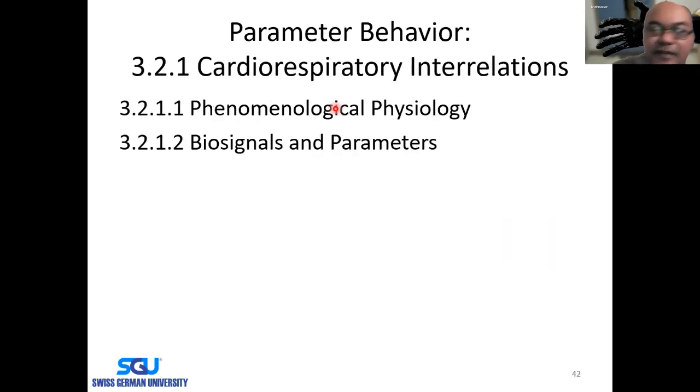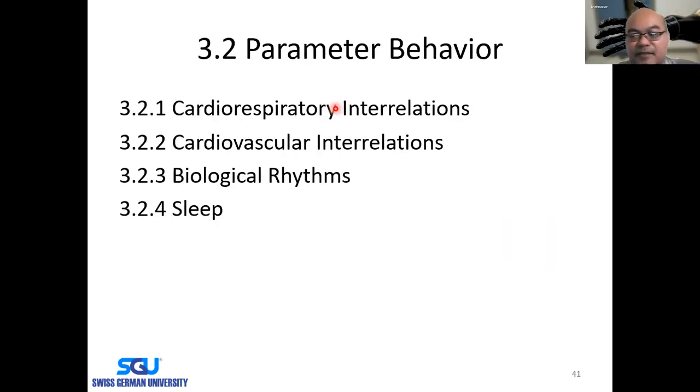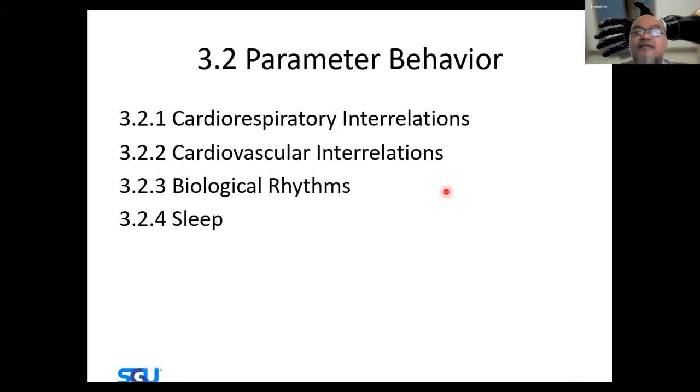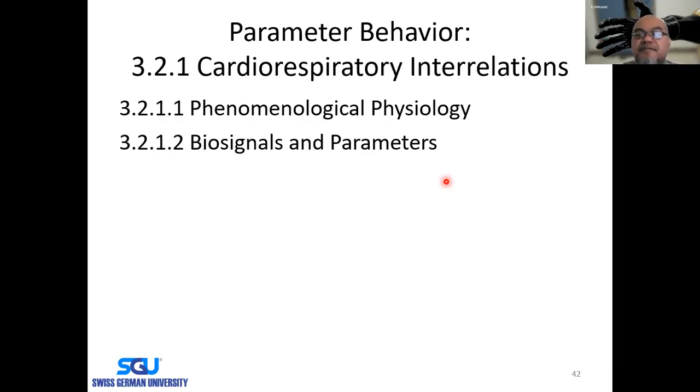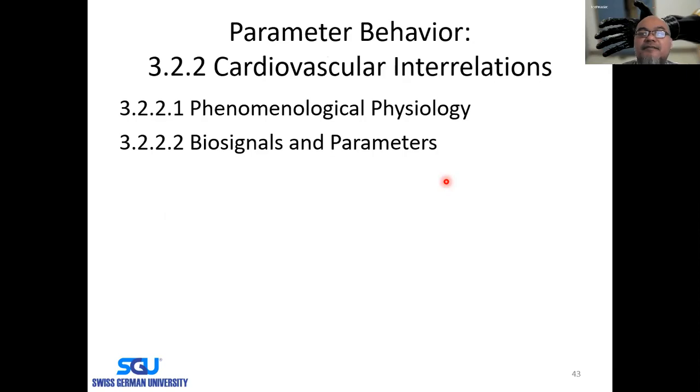There are many other parameters which are not yet explained, but they can be measured using the previous recording, the interrelation between cardiac and respiratory parameters, between the heart and the systemic circulation parameters. From there we can obtain biological rhythm, sleep parameters, behavior, etc.